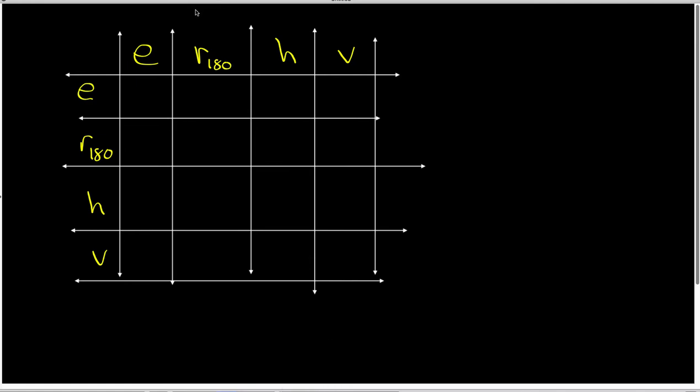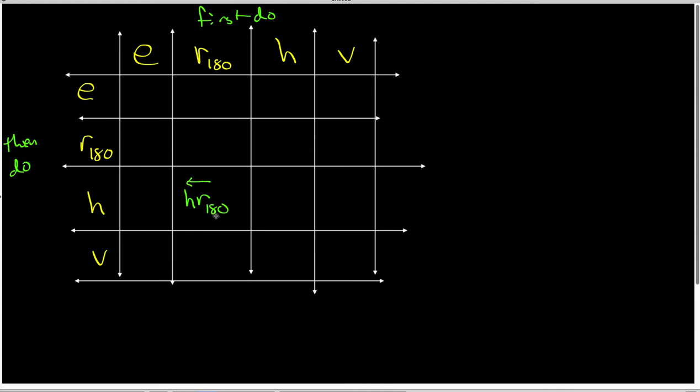And I do want to point out that it is first do the thing in the column and then do the thing on the row. So if I look at this particular thing and I write it as H followed by R180, we have to read this backwards.